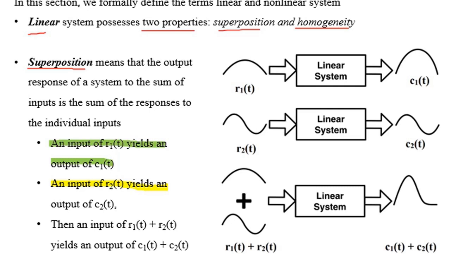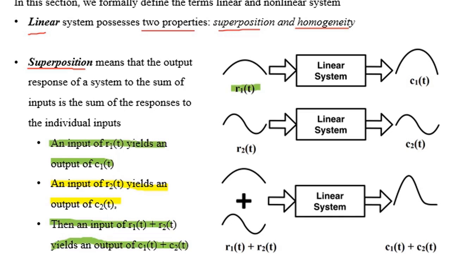Now we apply a third input, which is the sum of R1 of t and R2 of t. For this the system output must be equal to the sum of C1 of t and C2 of t. This is the linear property, and it is also demonstrated in the figure.